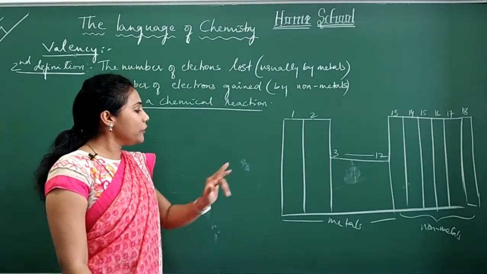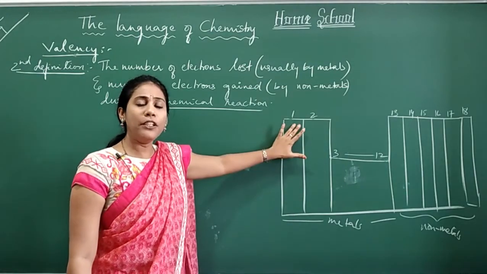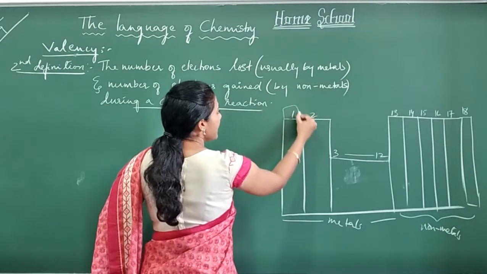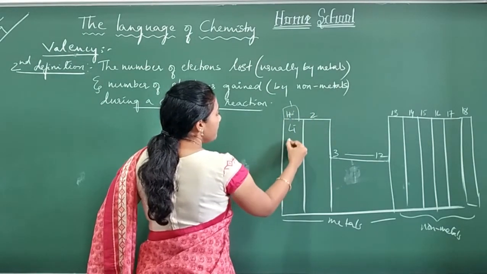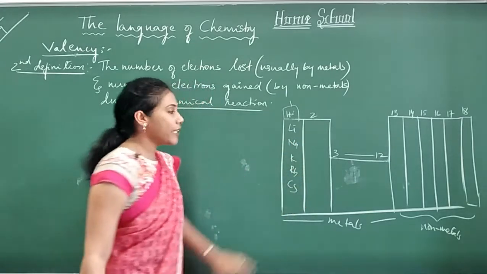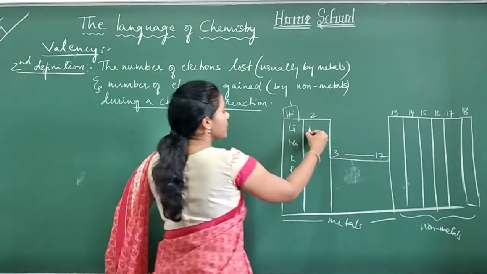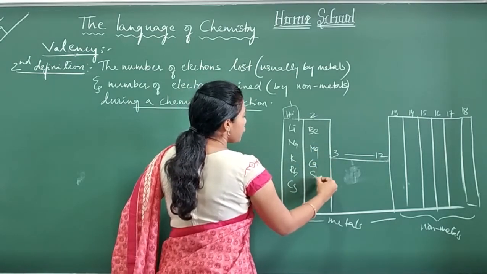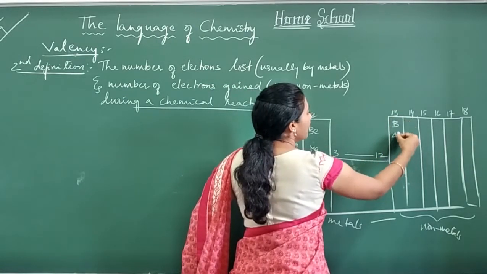Okay. So what you have to remember is group number 1 elements. Can you tell the elements of group number 1? The first element is actually hydrogen, next is lithium, sodium, potassium, rubidium, cesium. In group 2, beryllium, magnesium, calcium, strontium and barium. Group 13 elements: boron, aluminium.